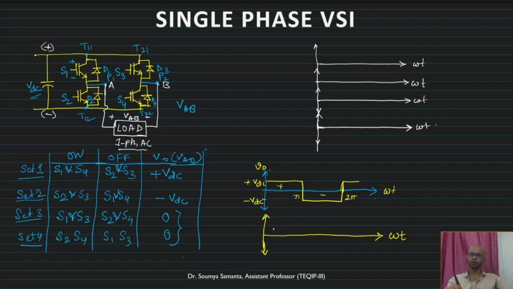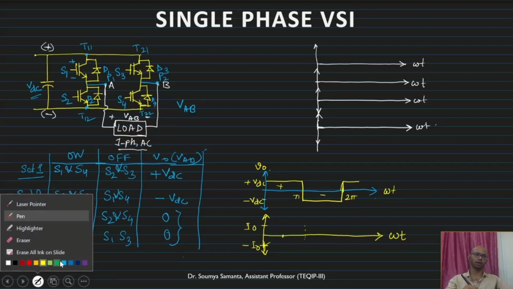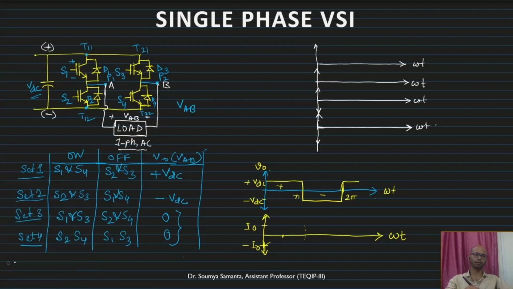Okay. So in that case, what will be the current waveform? Suppose this is minus I naught. This will be plus I naught. So now at this point, if I change the color, let me take white. So if I change the color, this is the waveform we will get.